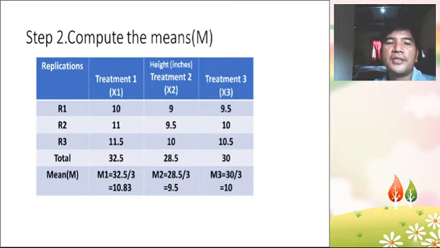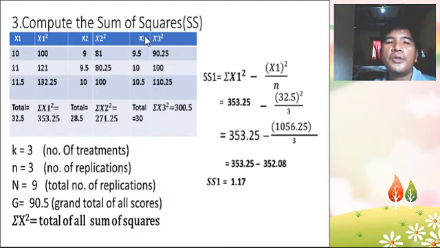Step 3: compute the sum of squares. To compute the sum of squares, first you have to get the square of each height of each treatment. For example, for x sub 1, which is treatment 1, 10 times 10 equals 100. 11 times 11 is 121. 11.5 times 11.5 is 132.25.